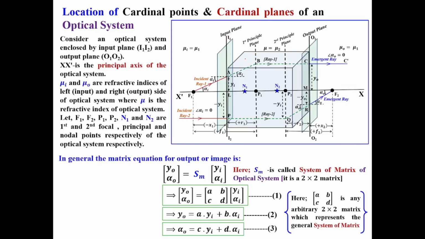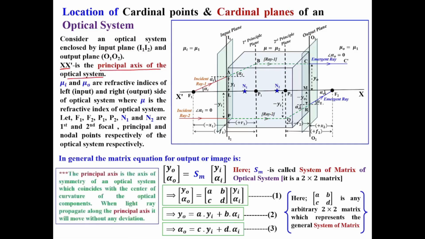So in general, an optical system is enclosed between the input plane, which is represented by I1 I2, and the output plane O1 O2. Here x dash is the principal axis of the optical system. About the principal axis we have already discussed. The principal axis is the axis of symmetry, which equally divides the upper and lower half of an optical system.